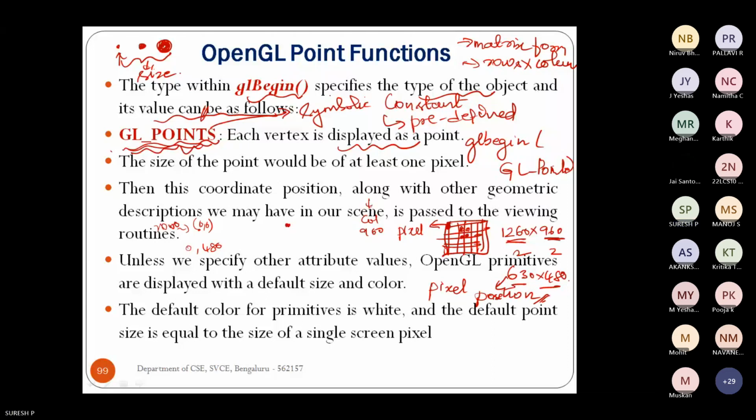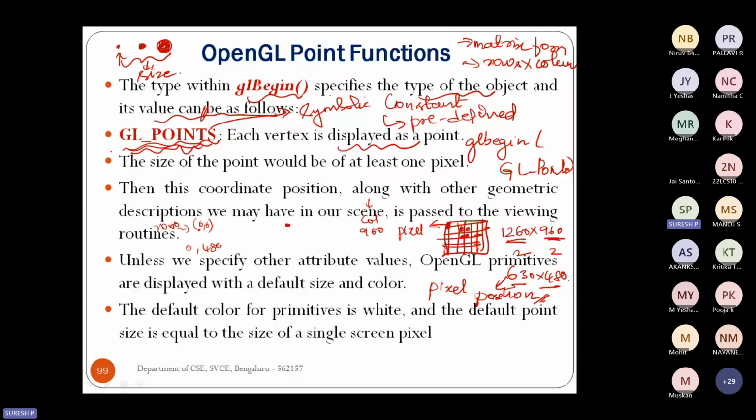If you are not specifying any attributes for any geometry, it is going to take default values and be displayed with the default size and color. The default color of a primitive is white.